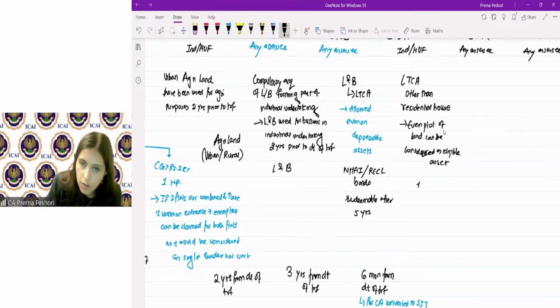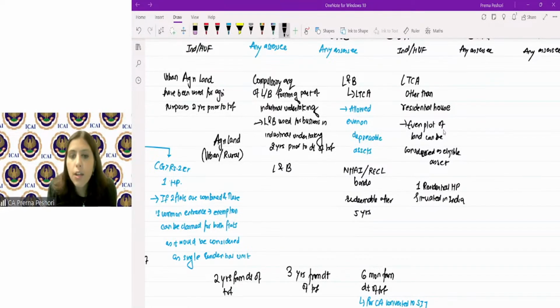Here you have to write one residential house situated in India. Now, what is the time limit? Time limit is 1 year prior or 2 years after the date of transfer you can purchase, or you can construct within the 3 years from the date of transfer.